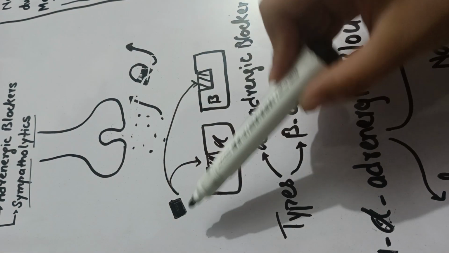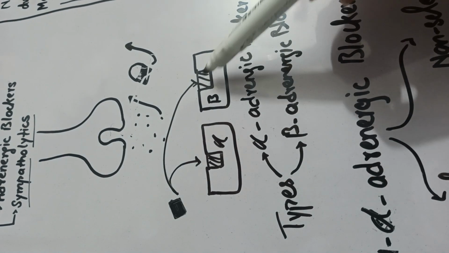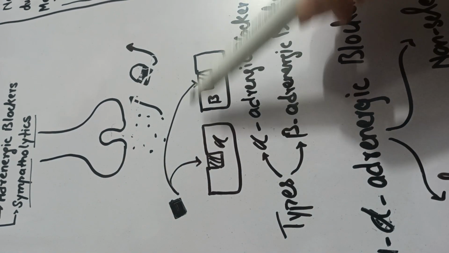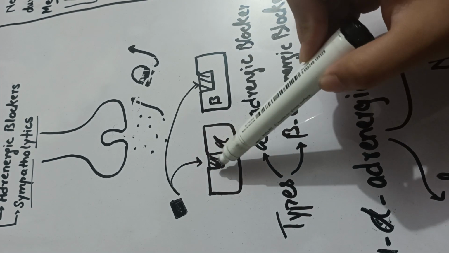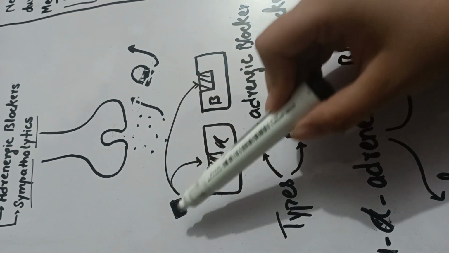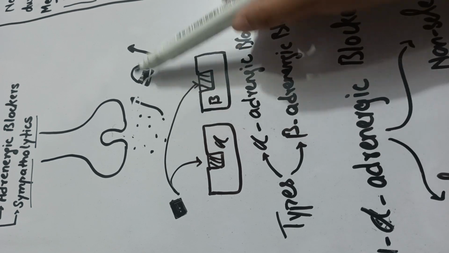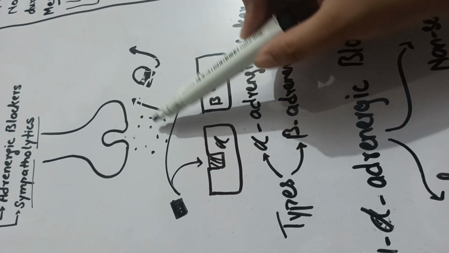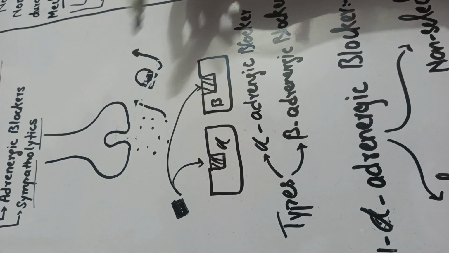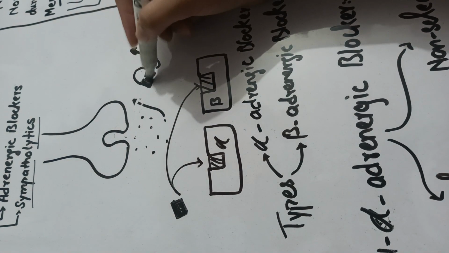In order to bind with these receptors and block them, the antagonist has to fight, and then it will block the receptor. This antagonist fights with two persons. The first is norepinephrine, which is released by the nerve, and the second is the agonist, which you can give to the patient.